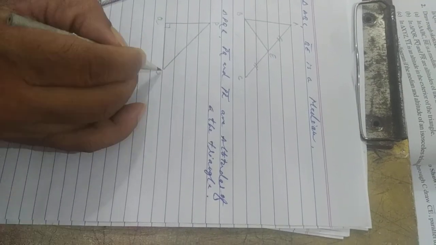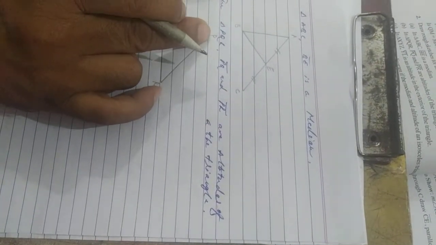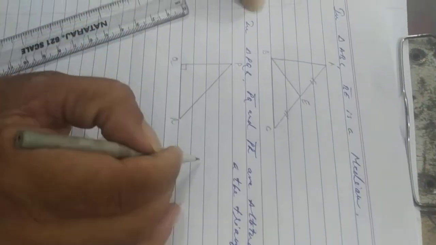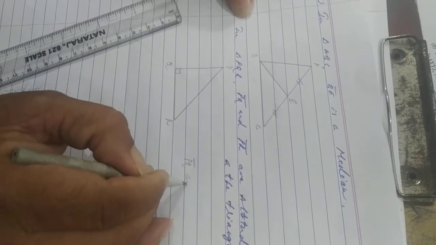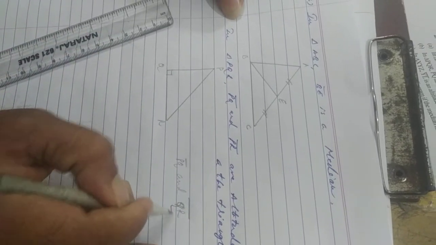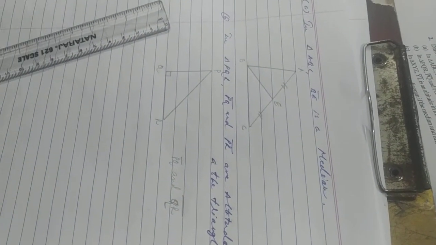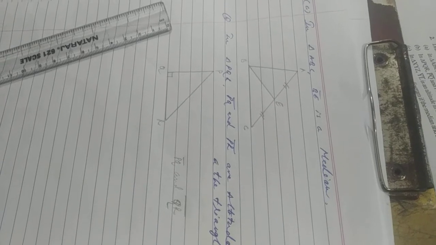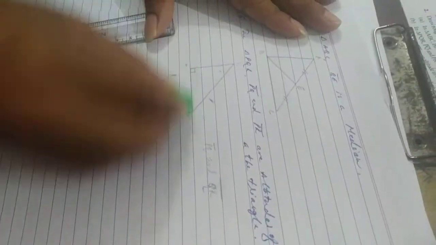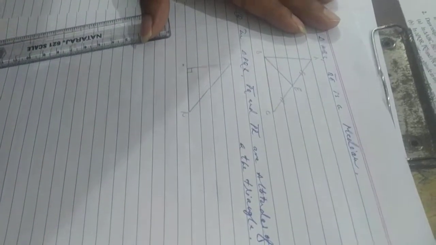In triangle PQR, we can say there are two altitudes, line segment PQ and line segment QR. Sorry, we are asking about PQ and PR.